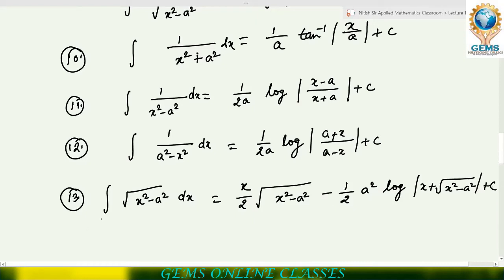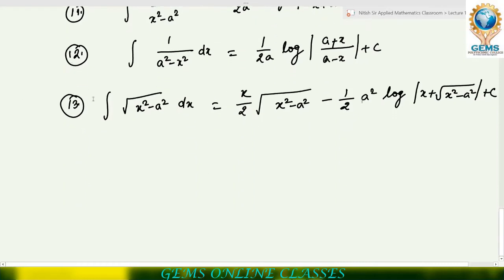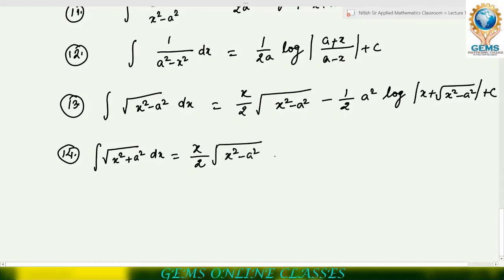Okay. Similarly, we can see about the 14th formula, integration of root under x square plus a square dx equal to, we can prove this formula, but later it will definitely come.